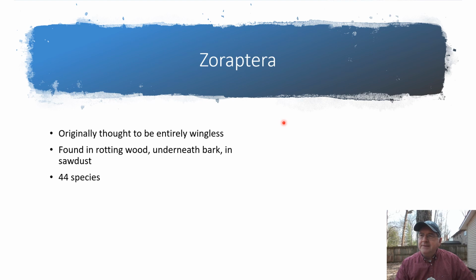These are very small. We're talking about a couple of millimeters long insects that are typically found in rotting wood or underneath bark or in sawdust, areas like this, and very little is known about their biology. They seem to be widely distributed across the world. They're found in North America. I've collected them in Jamaica.